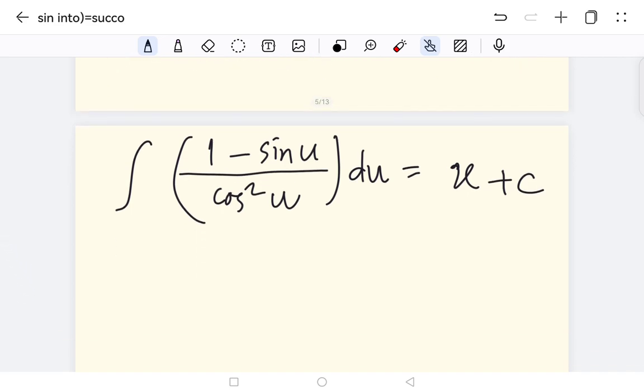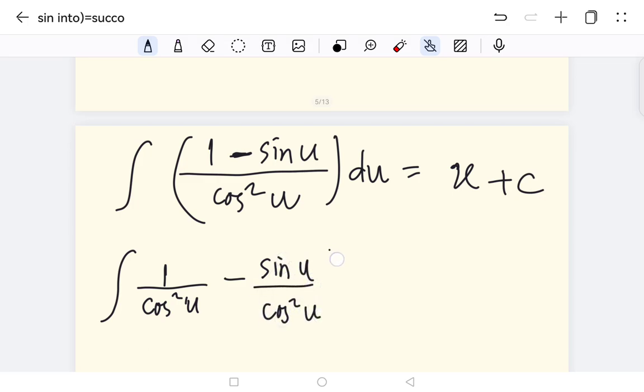Okay, so I'm going to separate this, because this is divided by this and minus this divided by this, right? So I'm going to separate them. 1 over cos squared u minus sine u over cos squared u, du, equals x plus c.